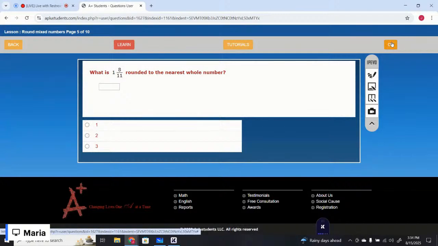What is 1 whole 8 over 11 rounded to the nearest whole number? 8 over 11 is more than half. So it would be rounded to 2. Option 2 is the correct option.